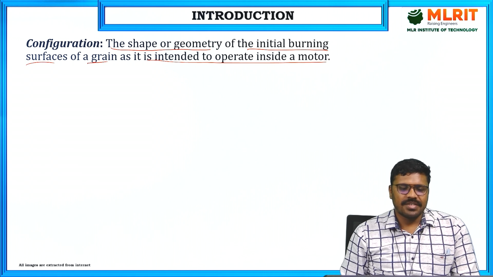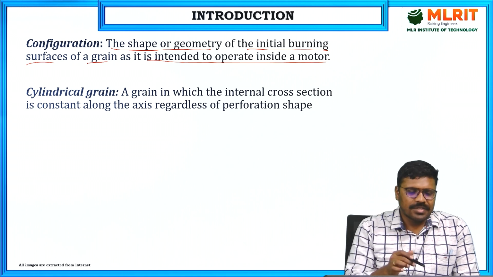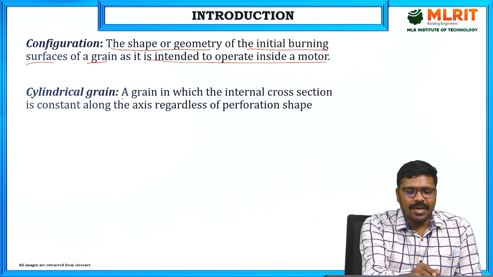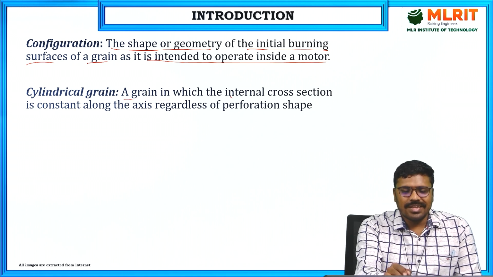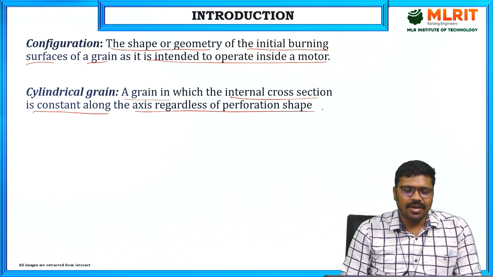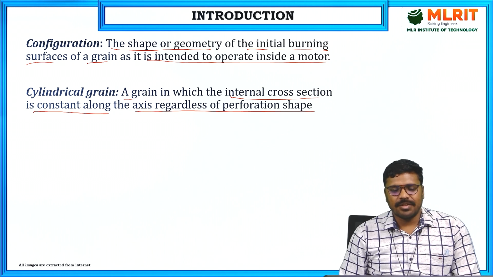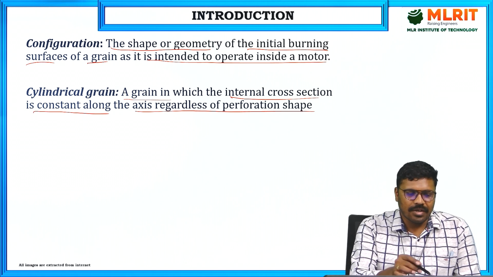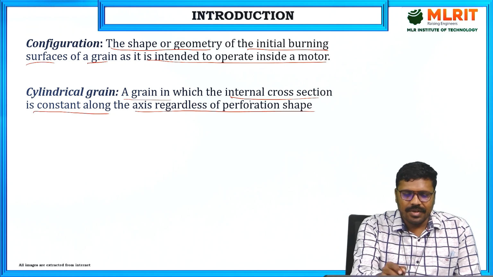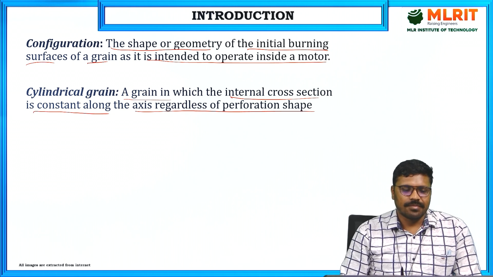So configuration is nothing but the geometry of the propellant grain surface. Next, a cylindrical grain is one whose internal cross section is constant along the axis regardless of perforation shape. So grain is nothing but the cross section of the propellant grain.